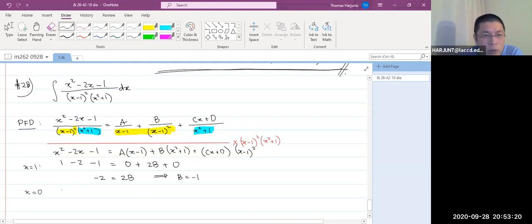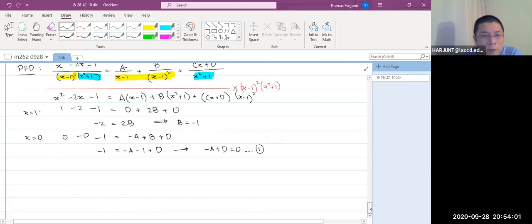When x equals 0, I get 0 minus 0 minus 1 equals negative a plus b plus d. Now we know b is negative 1. So negative a plus d equals 0. Call that equation 1. We will use that later on.